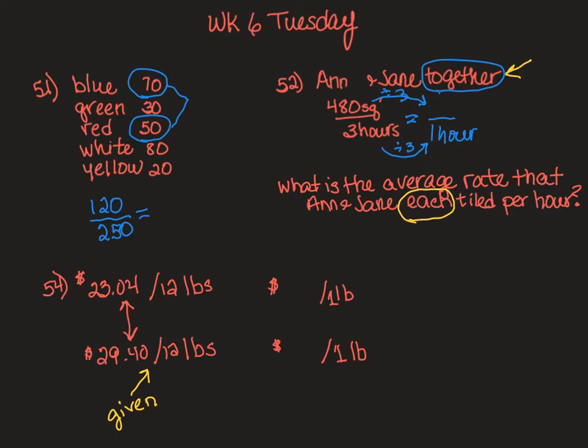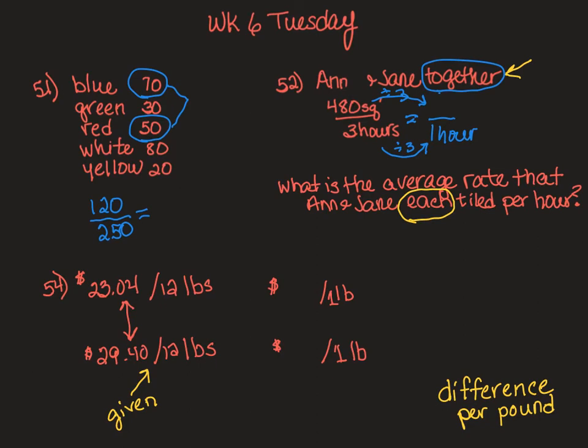Okay, so I want to find the difference. But it is the difference per pound. So that's the difference per pound. So I am looking first here. I'm going to move from what is given.